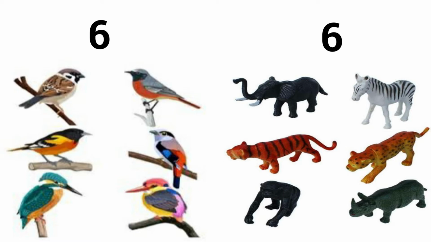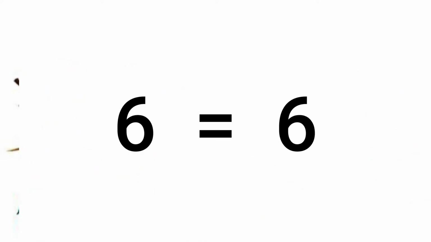Here the number of birds and the number of animals are same. So here 6 is equal to 6. We have to write 6 is equal to 6 like this. Understood, children? How to compare the numbers?